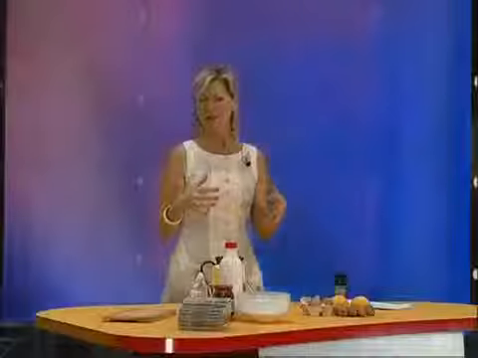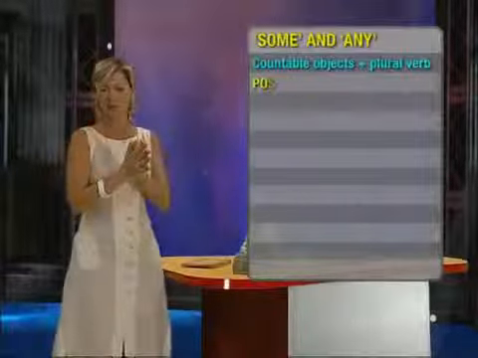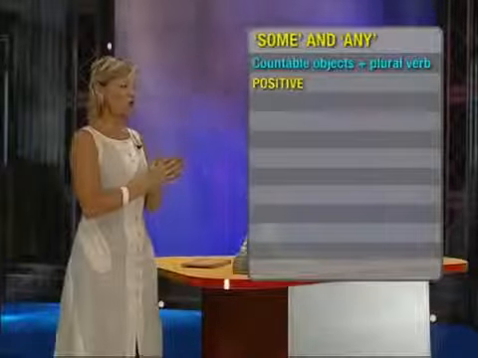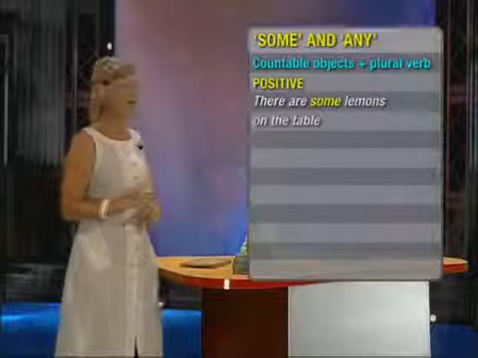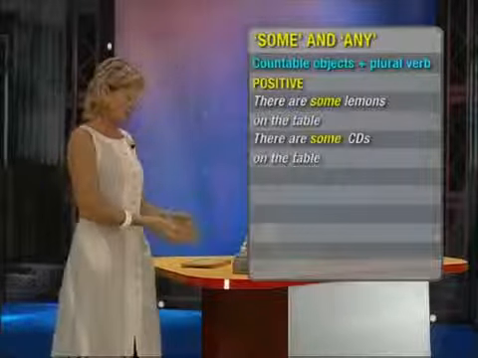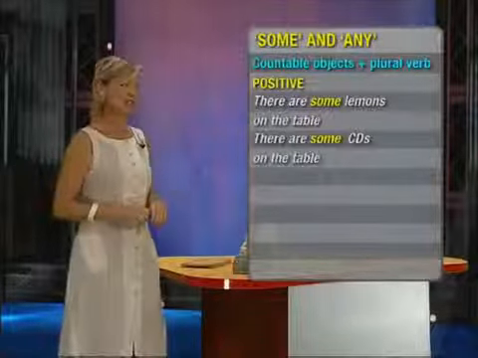It's quite difficult, hey? Let's look at the screen to see that written. All right? And we will do a general summary. So we said countable objects in the plural. In the positive form, we say there are some lemons on the table. There are some CDs on the table.